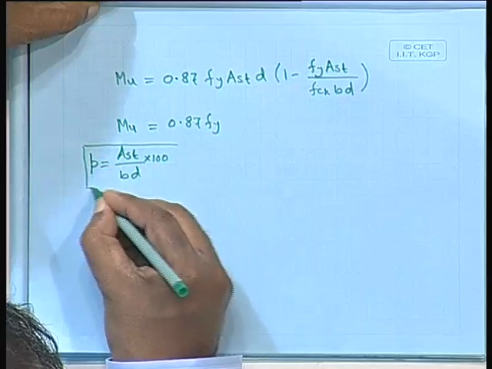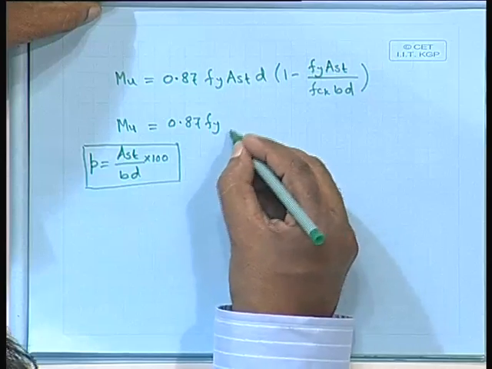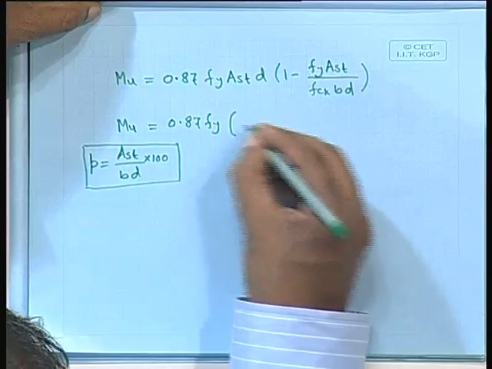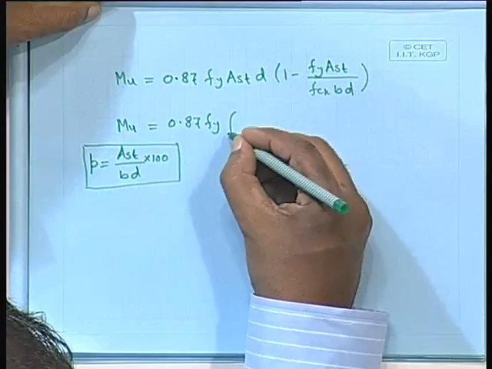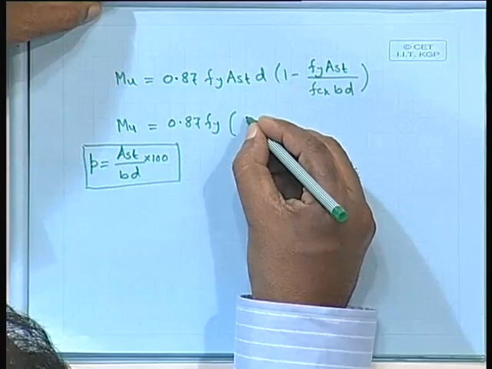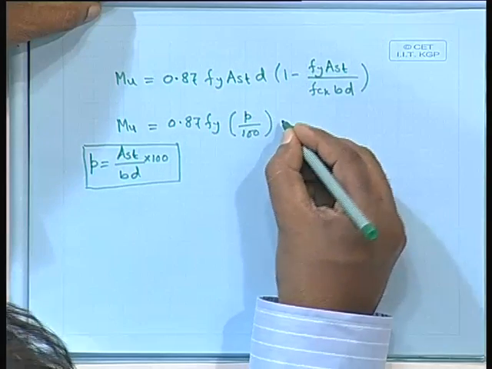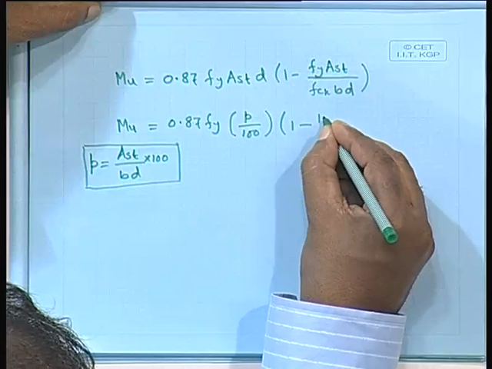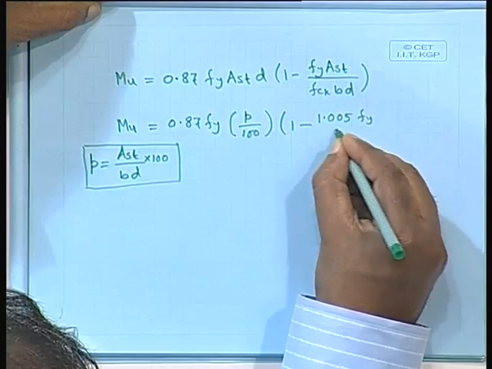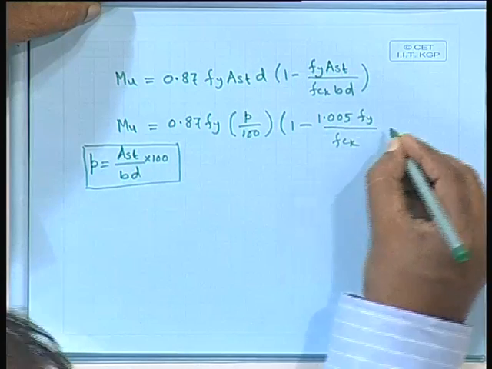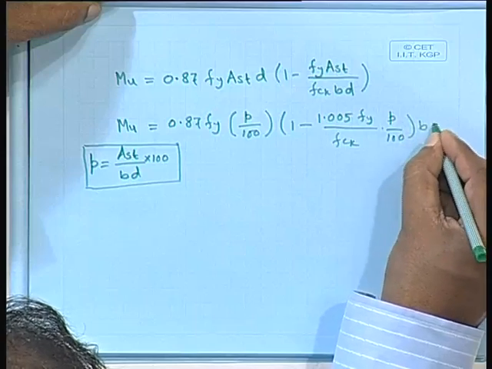This is our percentage of steel. So, we can write Mu equal to 0.87 FOI AST, and put it from here: P by 100, times 1 minus 1.005 Fy by Fck times P by 100, times B d square.